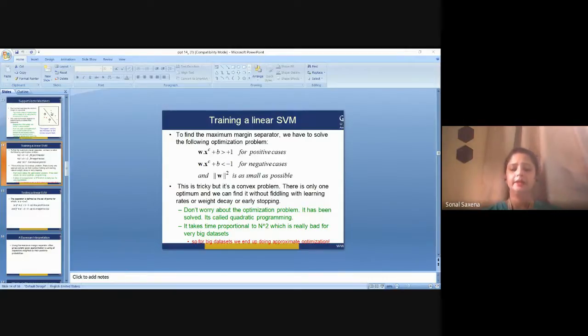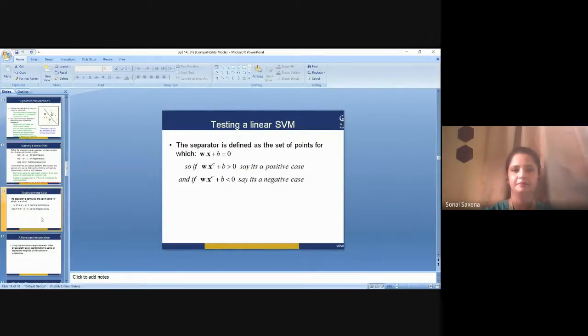Now see, here when you do such kind of thing in linear SVM, you'll find a hard margin. So let us talk about what exactly is hard margin here. The separator is defined, as I told you, by this.